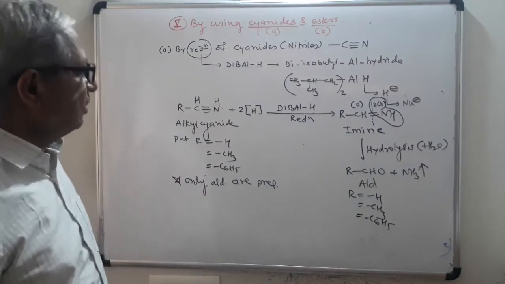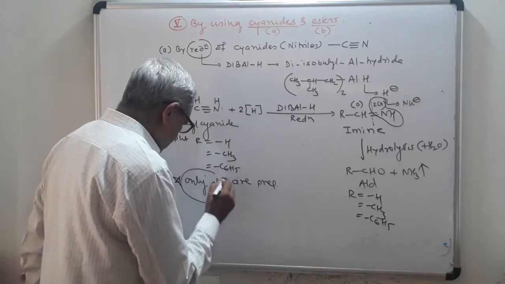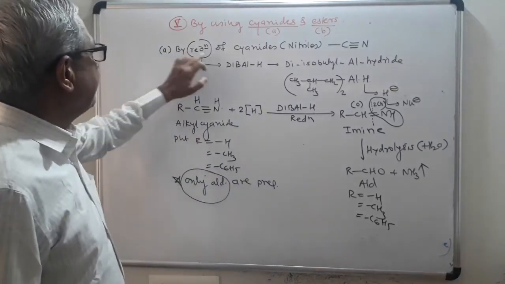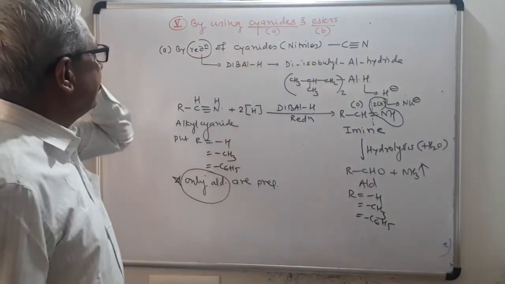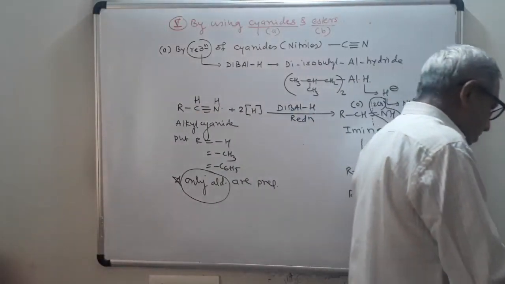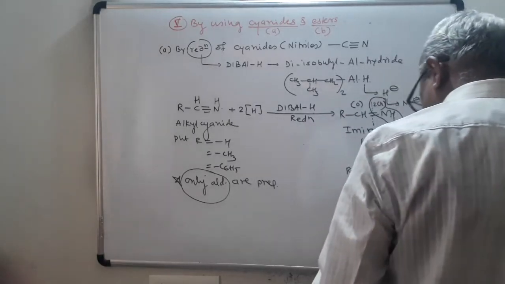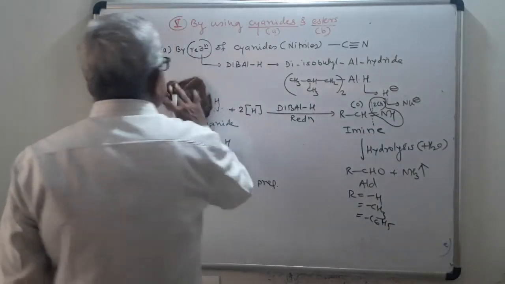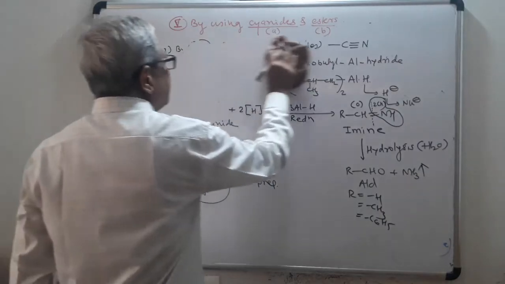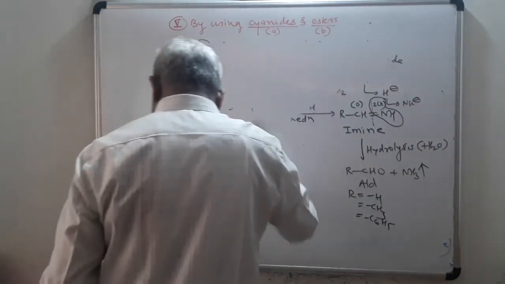In this way, we can prepare only aldehyde by reduction of cyanides. Now I will explain the point B, by reduction of esters. So give the title B part, by reduction of esters.